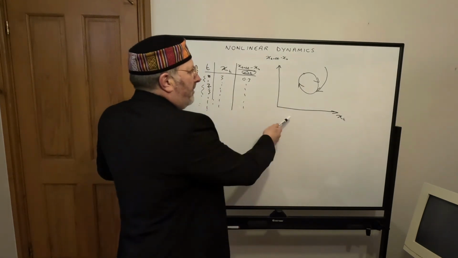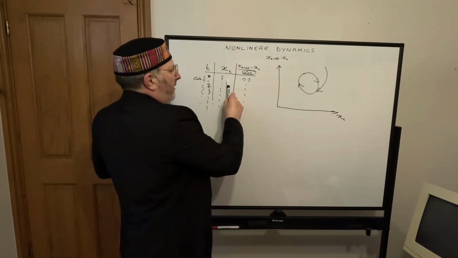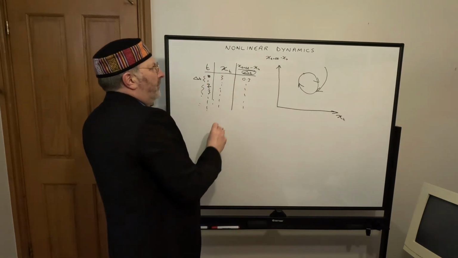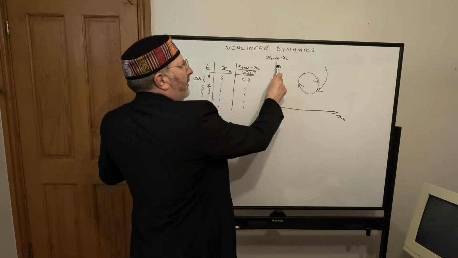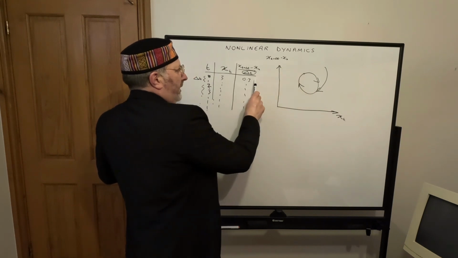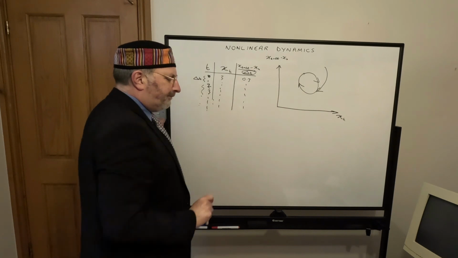So the basic point is a useful technique. Just plot the difference of successive values against each value. So x(t) against the next value of x minus x(t). Or if they're not equal time intervals, you need to divide by delta t for each one.